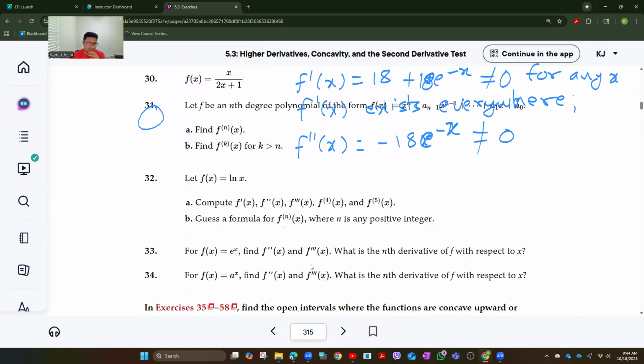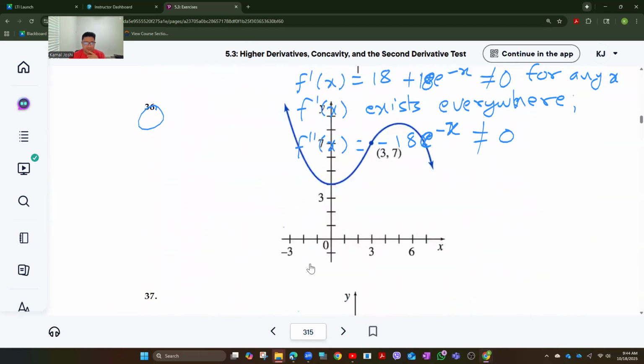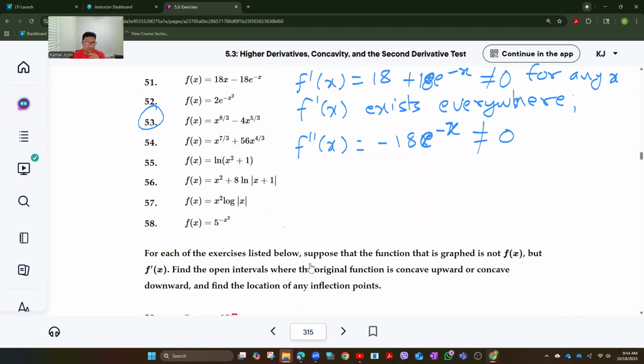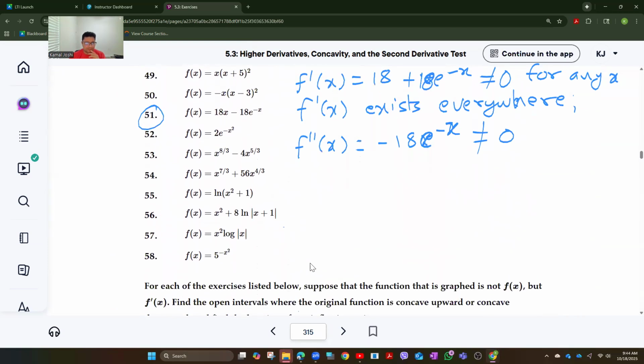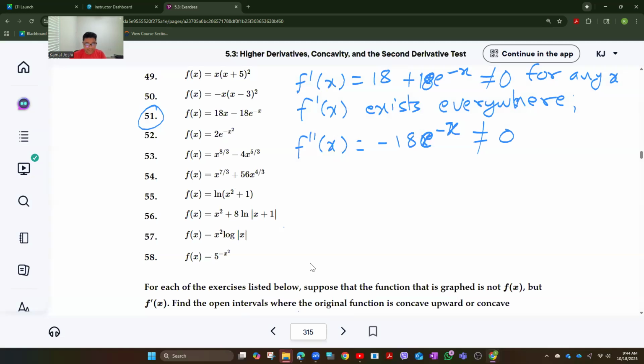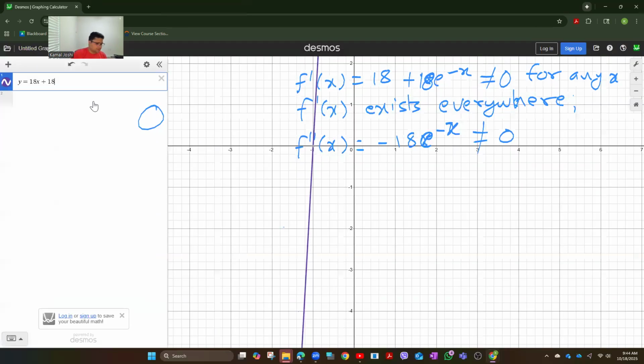These are finding the second derivative below here. Okay, number 51 here. All right. 18x minus 18 e to the minus x. That was minus there, so 18 e to the minus x.